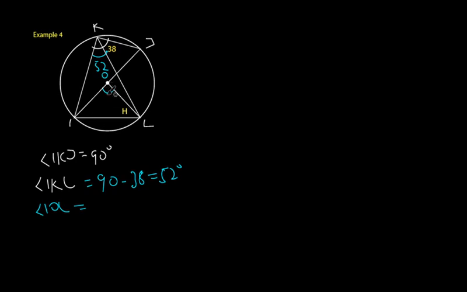The angle at the center, which is the IOL, is twice the angle IKL. Now that we have IKL to be 52, angle IOL is 2 times 52, which is giving us 104 degrees.